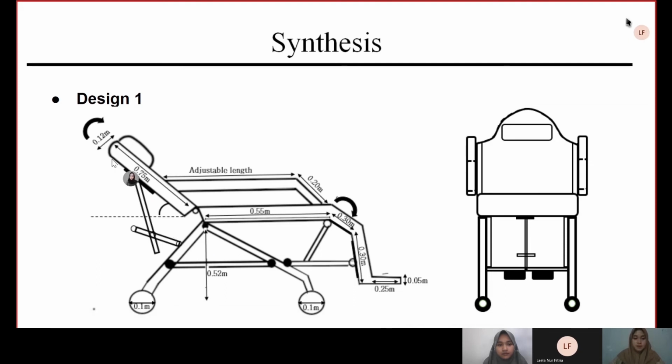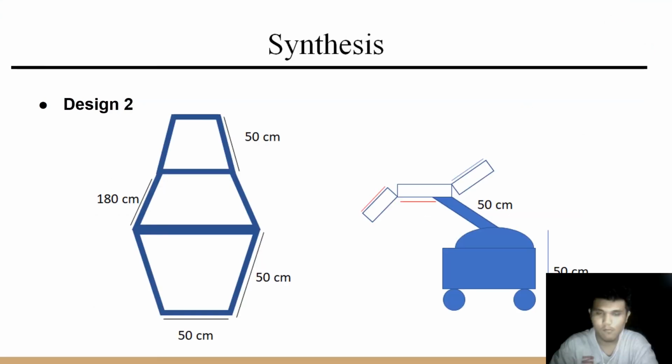For the upper part, it will rotate clockwise, and for the bottom one, it will rotate clockwise. The length of this part is adjustable, which means that if we fold the chair, it will become shorter, and if we expand the chair, it will become longer. And if we fold the chair, it will look like this in this part.